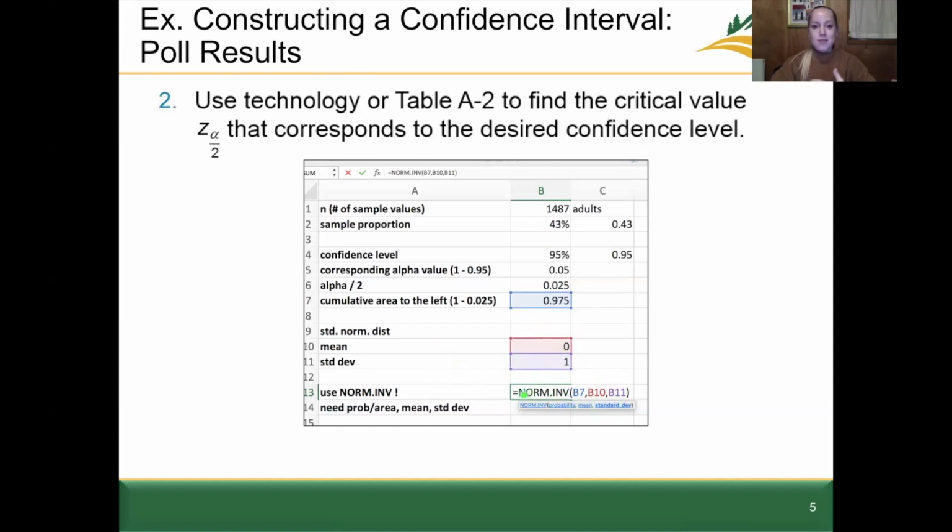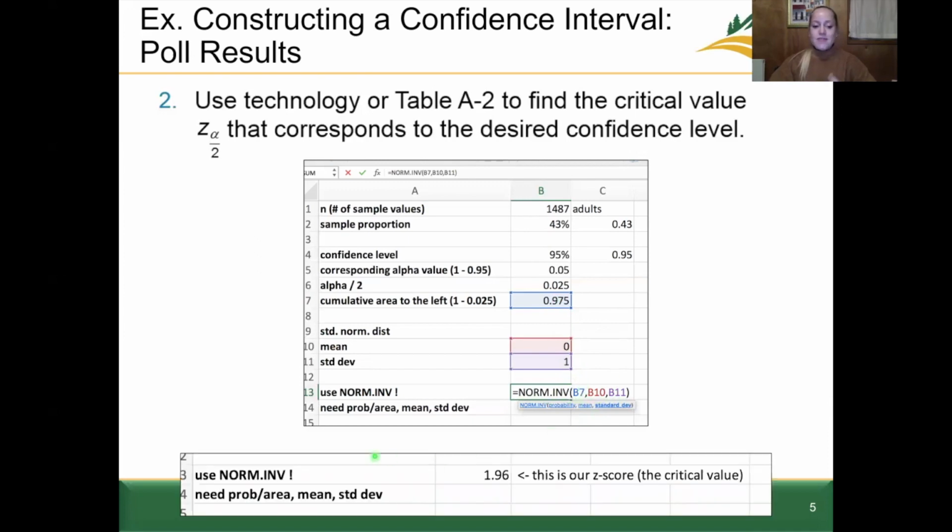So to set up this normal inverse function, I start typing in equals sign, norm dot inv, open parentheses, then my probability slash area value is 0.975, my mean value is 0, my standard deviation value is 1. I click enter, and I get an answer that way. When I click enter from this normal inverse function, I get 1.96.